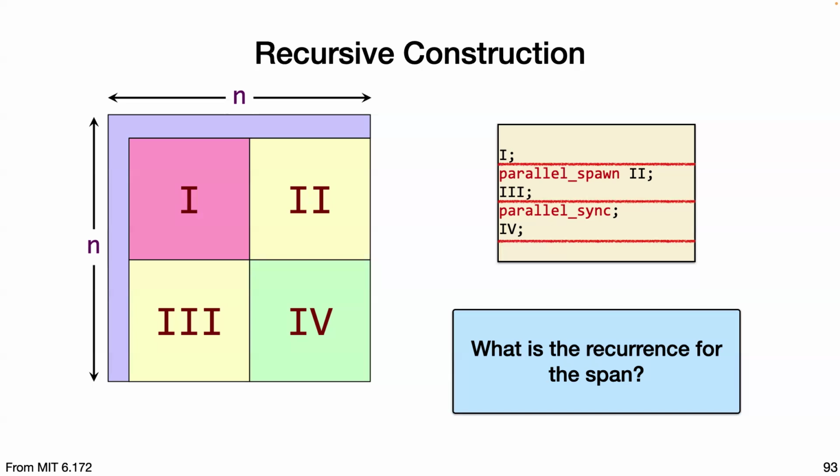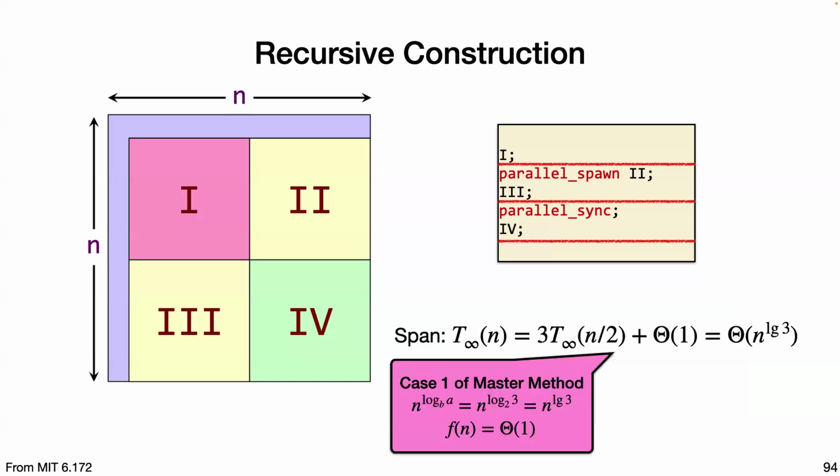Now we have 3 phases. They're different colors: 1, and then 2 and 3, and then 4. You can think of it like there's a diagonal front moving through the quadrants from upper left to lower right. And so there are 3 of them. So this is 3 T infinity n over 2 plus theta 1 to do the cutting.